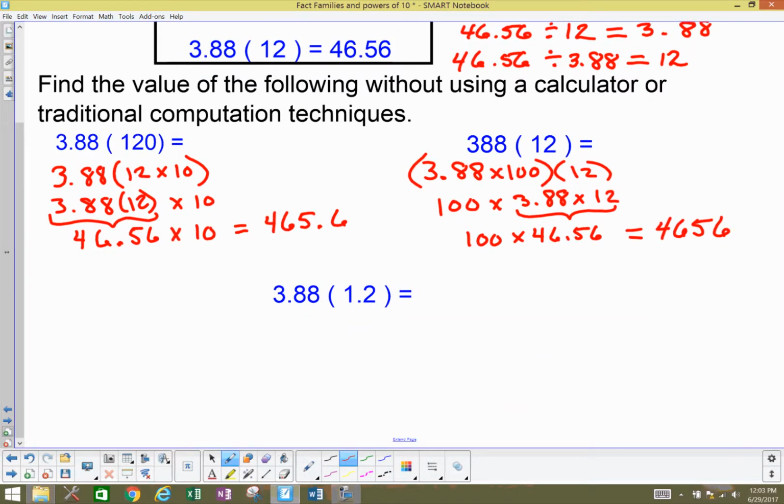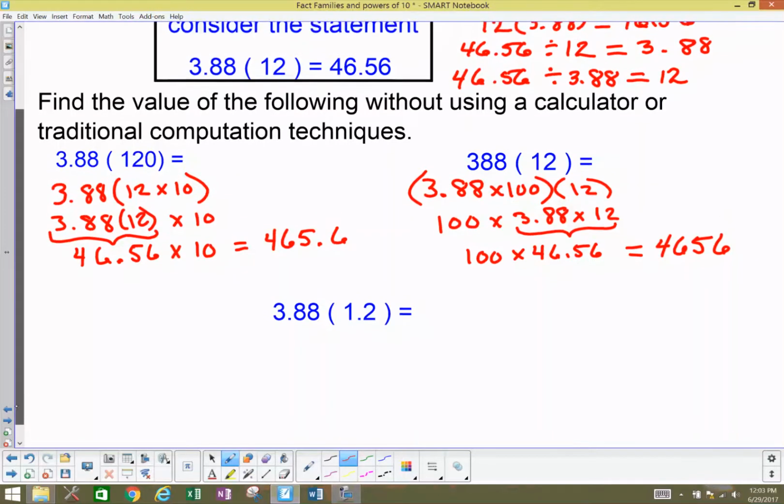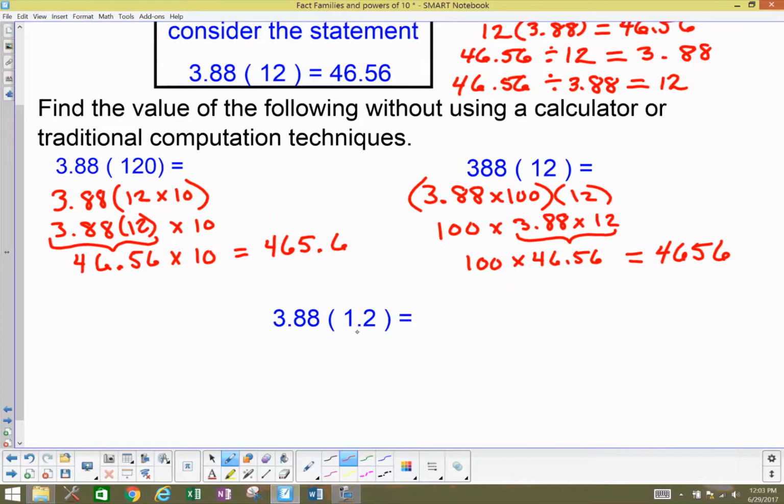What about this one? I have 3.88 times 1.2. Well, gosh, I don't know what that is, but I know 1.2 is the same as 12 divided by 10.